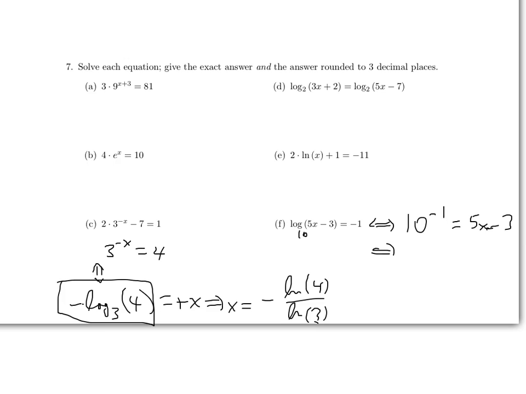I can add 3 to both sides, and I'll have 5x equals 3.1, basically 3 plus 1/10, and so x is whatever that is, 0.62, I guess. So that would be the exact answer. There's no more decimal places to that.